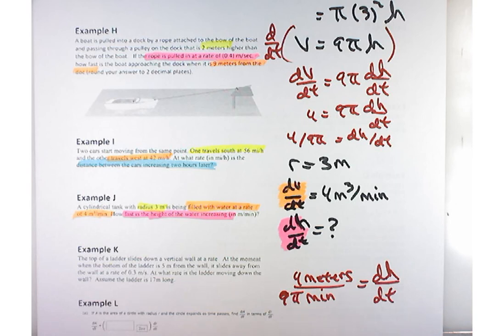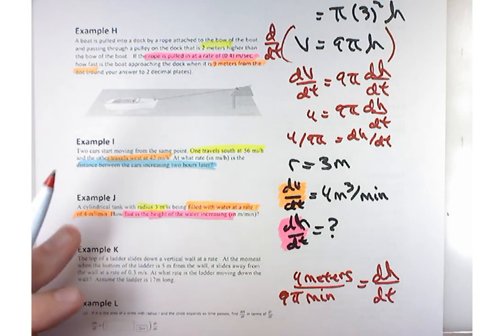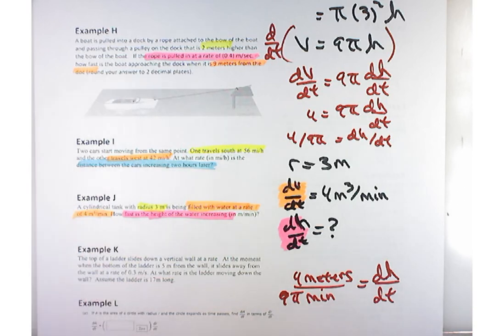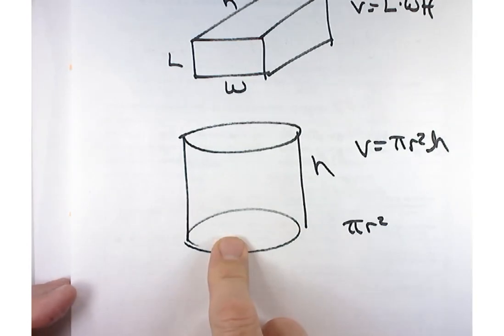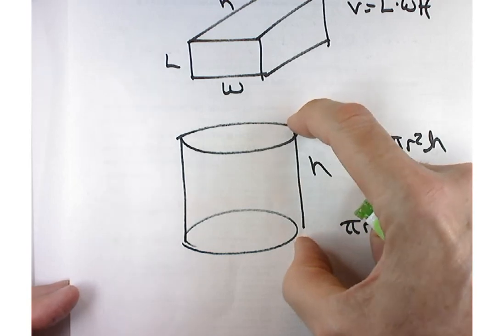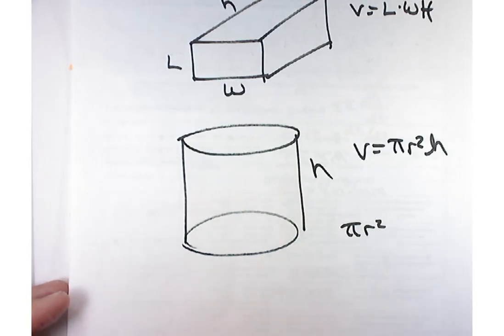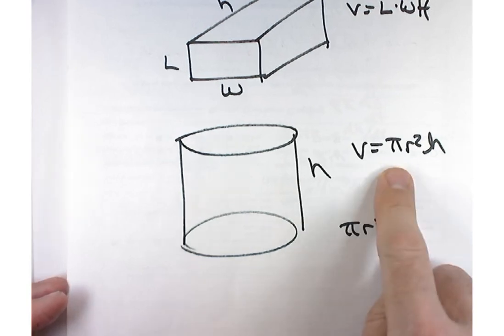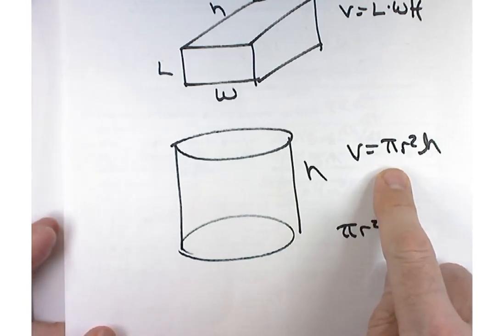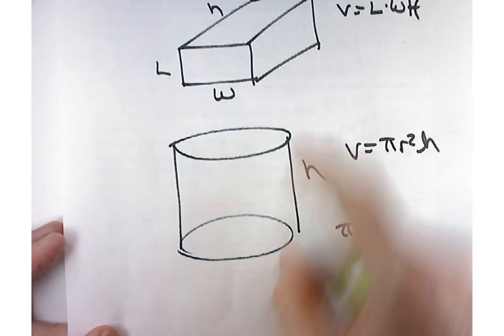How do you come to know that V equals pi r squared h? That was my discussion here. You take the area of a circle times the height, and that'll give you the volume of a cylinder, of a can. So V equals pi r squared h. You just take the area of the base times the height.